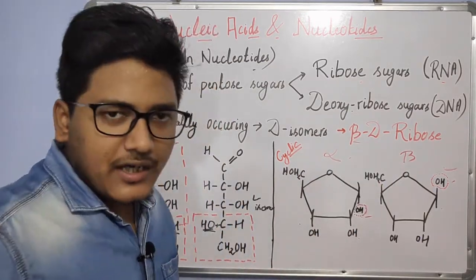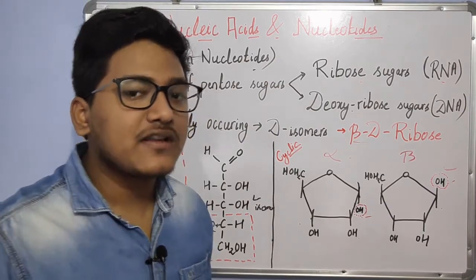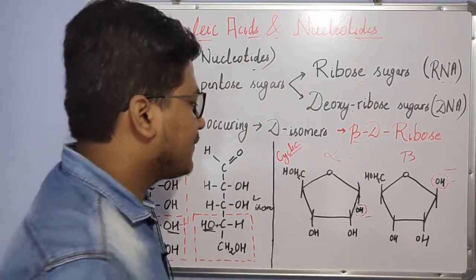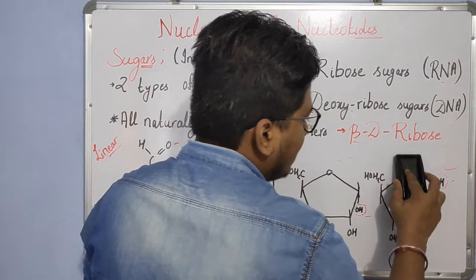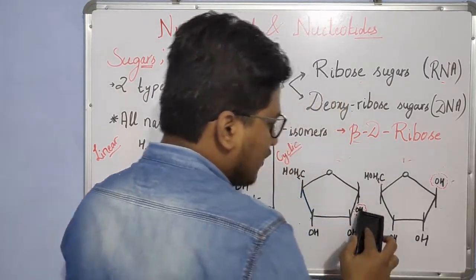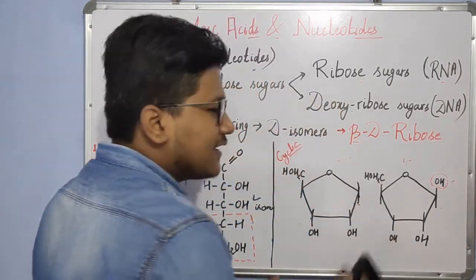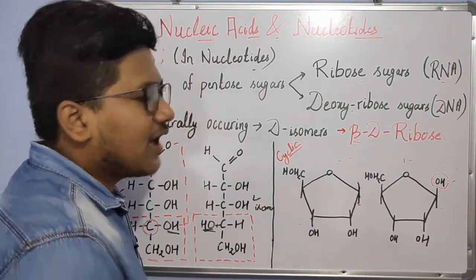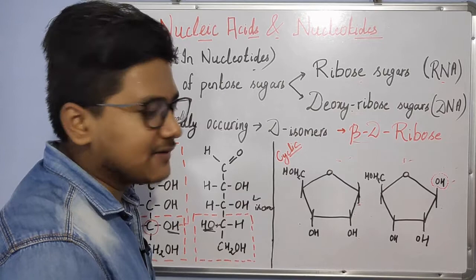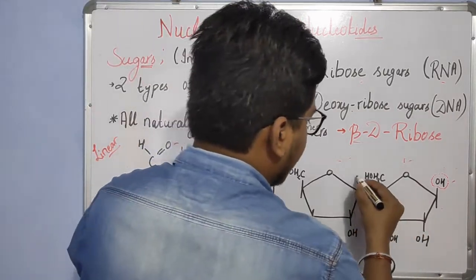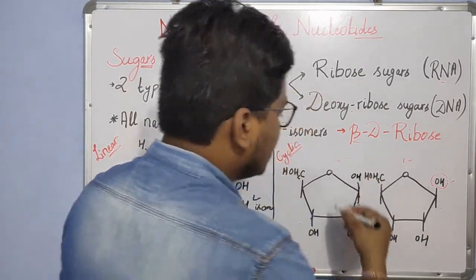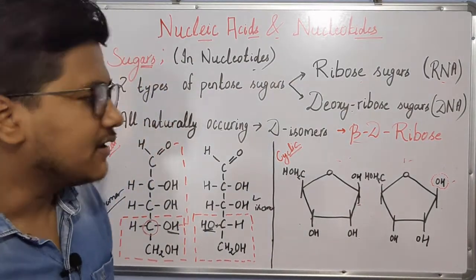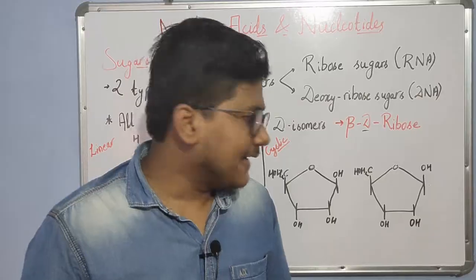And now we will look into DNA and RNA. What is the difference between the DNA and RNA? I will make them both the beta form so that it will be easy to understand, because whether it be DNA or RNA, only beta-D-ribose or beta-D-deoxyribose are seen. Now these are both beta-D-ribose sugars.